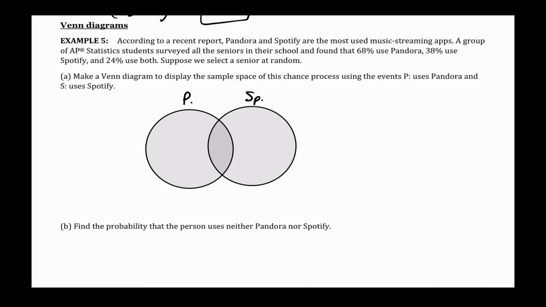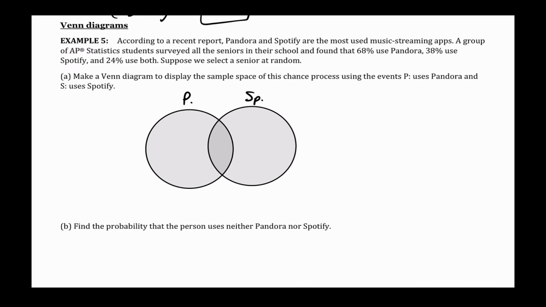Okay, so according to a recent report, Pandora and Spotify are the most used music streaming apps. A group of AP Statistics students surveyed all of the seniors in their school and found that 68% of them use Pandora, 38% of them use Spotify, and 24% of them use both. So when is a Venn diagram a good idea?